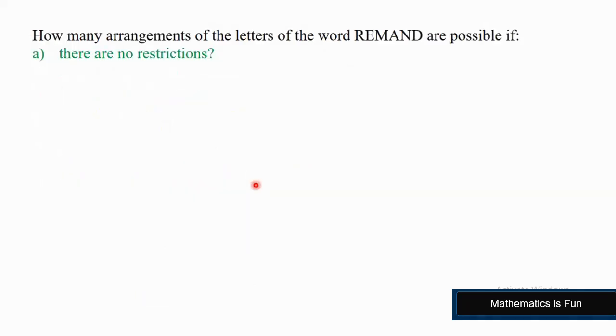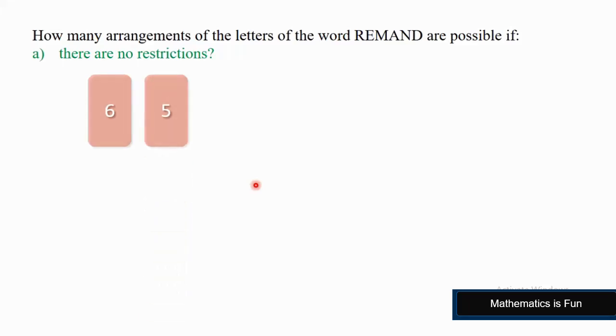How many arrangements of the letters of the word REMAND are possible if there is no restriction? Here we have in total 6 letters: R, E, M, A, N, and D. We have to arrange these 6 letters. For the first place, we have 6 possible choices. For the next place, we are left with 5 letters.